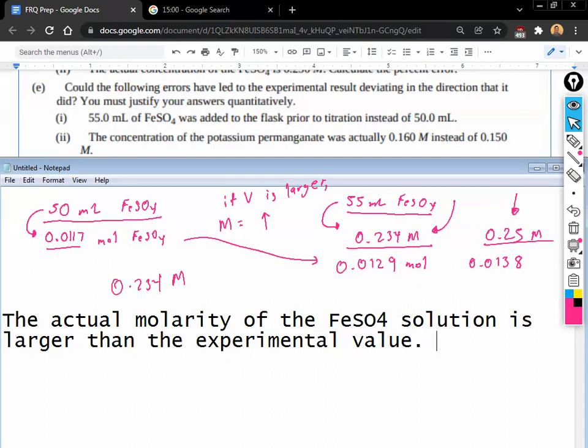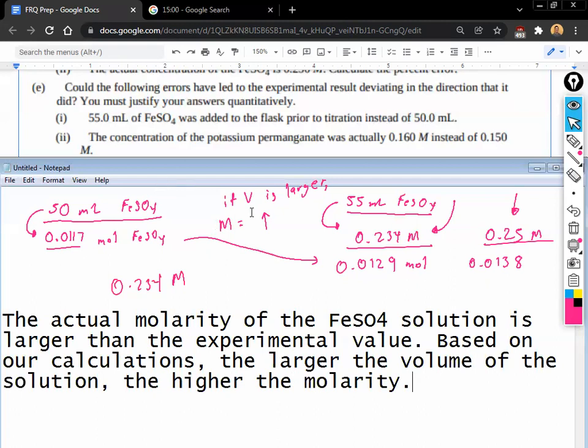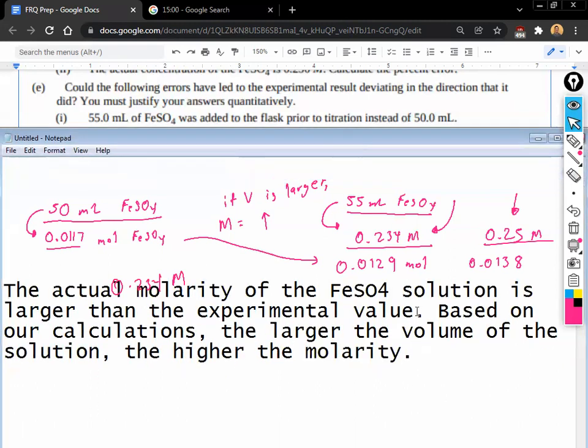Okay, but then we see based on our calculations, the larger the volume of the solution, the higher the molarity, right? Because we see this right here. So that's what we have so far.